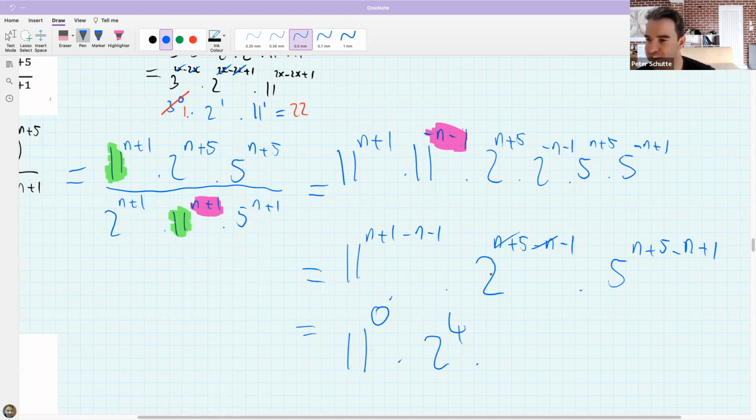Oh my goodness. I committed the cardinal sin that you have to watch out for: when this goes to the top, it becomes minus n minus 1. Just to show you that it can even catch teachers, when you go n plus 1, when it goes to the top, it needs to become minus n minus 1.